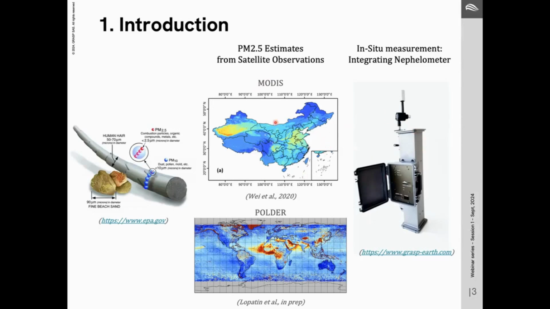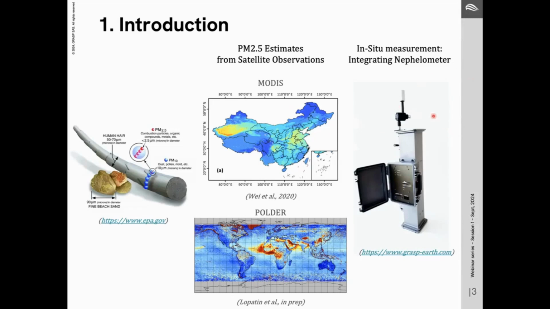And secondly, since the satellite observation is observing the column properties of the entire atmosphere, if we want to determine the PM information on the ground level, it will need additional assumptions to be made or more information to be provided, such as the aerosol vertical distribution.